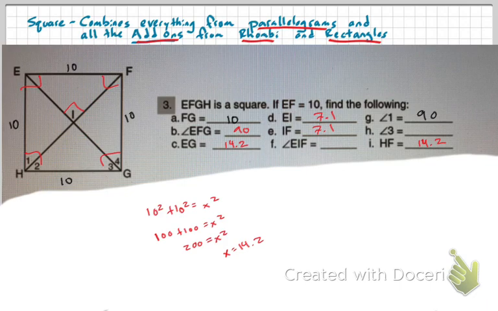EIF also 90 degrees. Sorry, I thought the I was a 90. Then angle 1 is down here in the corner. So remember, the diagonals are also angle bisectors, so that means that angle 1, angle 3, angle 2, and angle 4 are all 45 degrees.